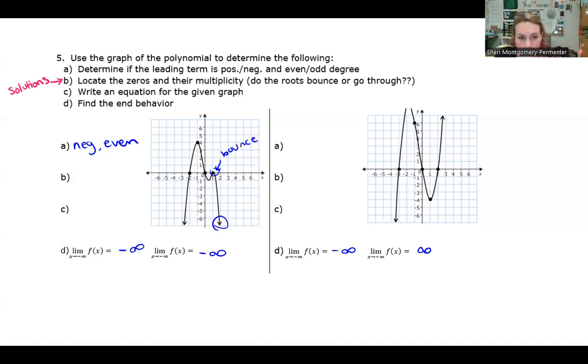So to locate the zeros, these are just the solutions. So Victor, you had asked why did I write that to the side? Because I want you to know that if you are solving a polynomial, that's what we're doing. We're finding the solutions. So the solutions, and I'm just going to list them. They can be in any order that you want. You just need to make sure you have them all there.